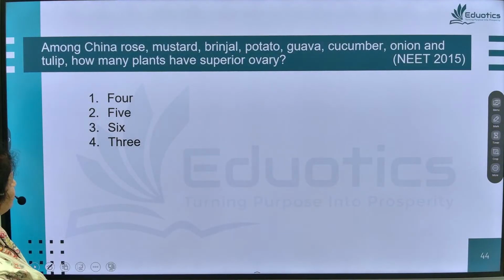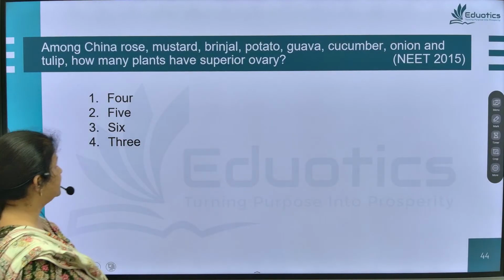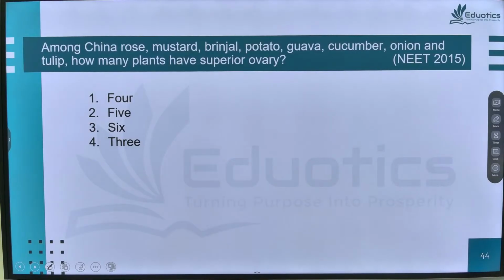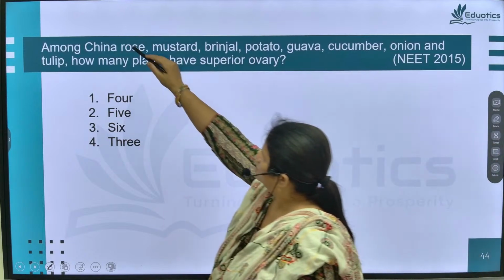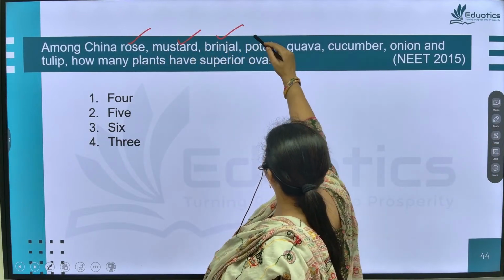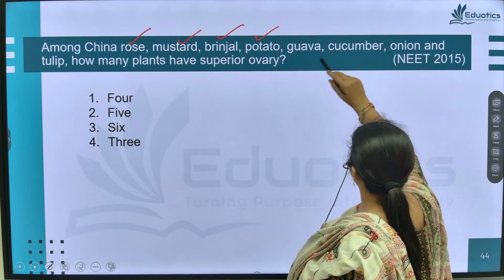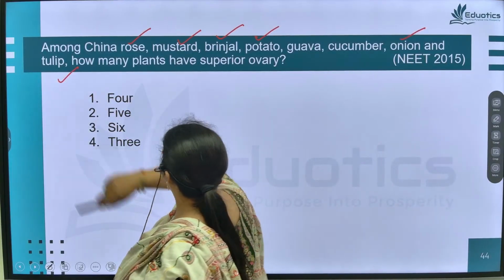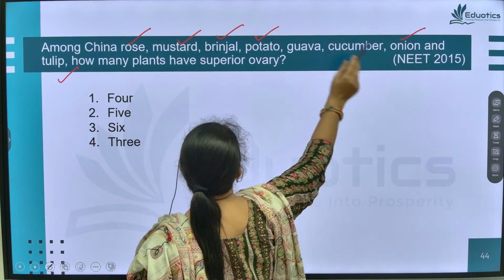Among China rose, mustard, brinjal, potato, guava, cucumber, onion and tulip, how many plants have a superior ovary? Let me make it clear, of all the families you have studied, seven families, only the ray florets of marigold have an inferior ovary. So what will be the answer? China rose, mustard, brinjal, potato, guava no, cucumber no, onion yes, and tulip. How many will be there? 1, 2, 3, 4, 5, 6.